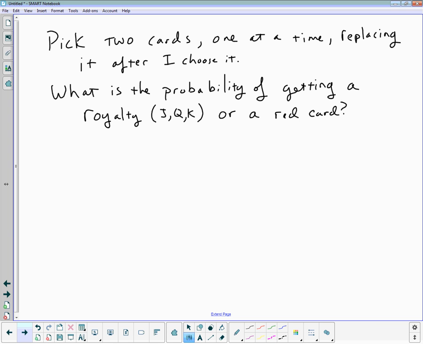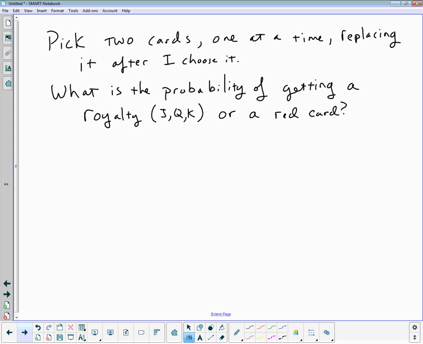So I'm not considering an ace as royalty. I know in some card games you do, but we're just talking numbers here. Okay? So jacks, queens, and kings only. All right. So if we look at this, we have an or statement. We have 2 possible scenarios occurring, right?